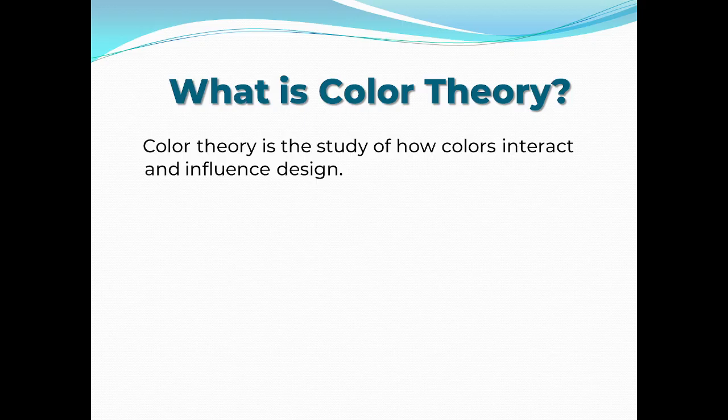Color. What is color? Color is the visual perception. All right. Visual perception is talking about what you perceive, like what you can see with your eyes. It's the visual perception produced when light of different wavelengths reaches our eyes and is being interpreted by our brain.